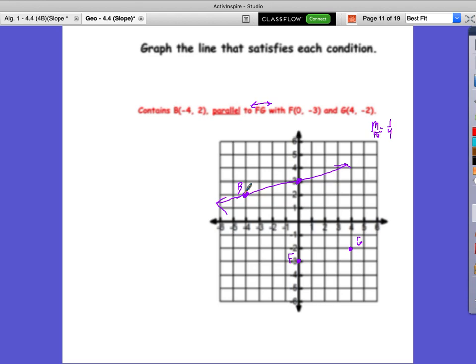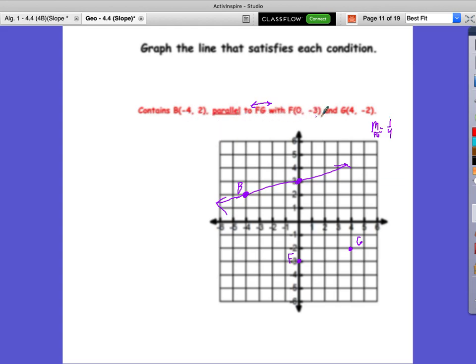Okay. So, did you find the slope of this? We don't know. We had to find it. So if a line contains this point, we're going to graph that point.